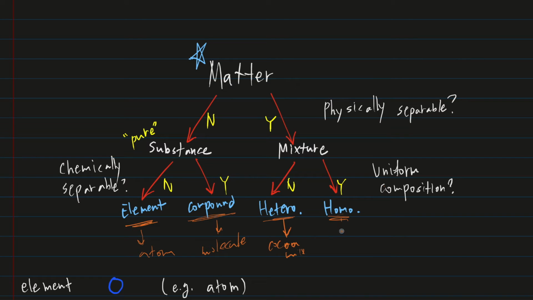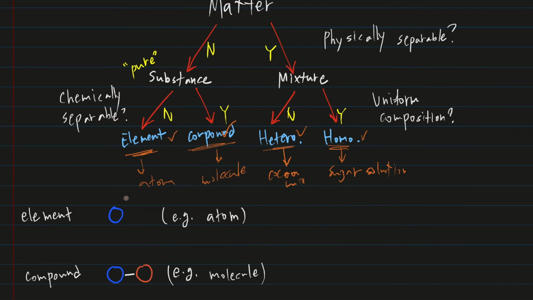And in the case of homogeneous mixtures, it is something that is very well dissolved, something like a sugar solution. So we can see that all these different types of matter, element, compound, heterogeneous and homogeneous mixtures, are all different, and they all have different examples.